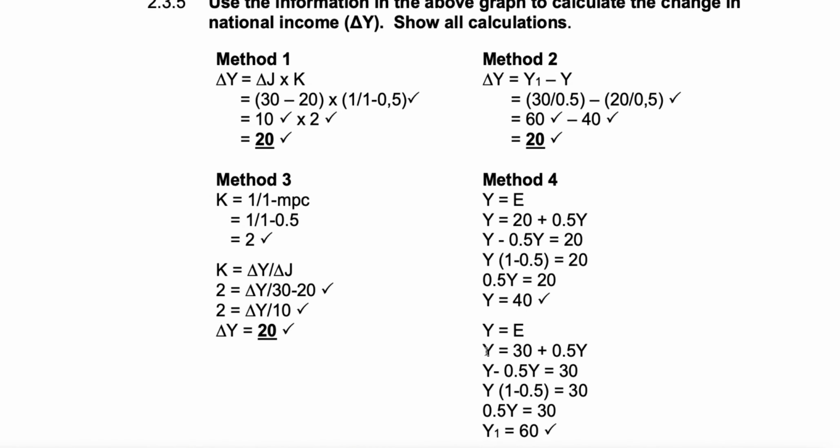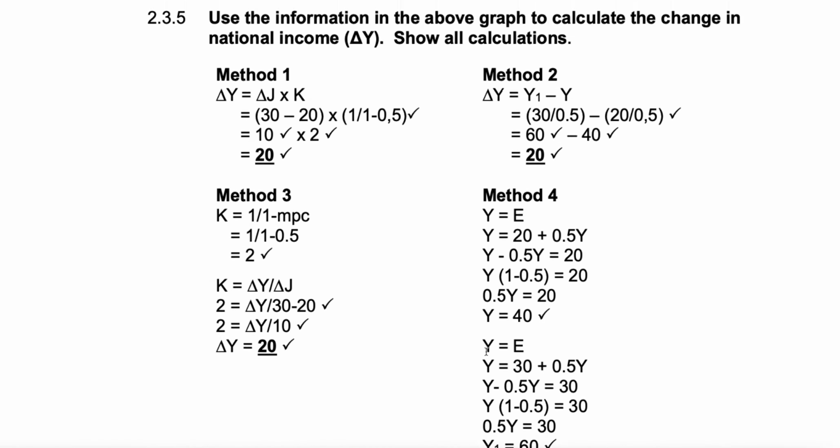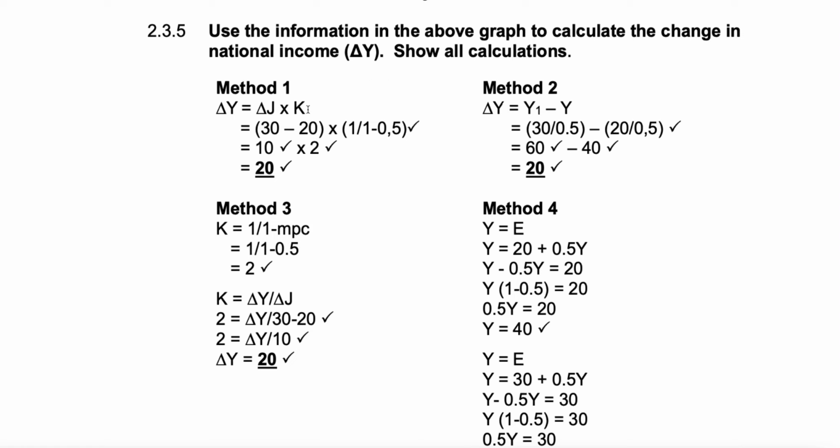Then the one for calculating, here they show a million formulas, a million ways. I used this one here. Change in income is equal to change in injection times K. So then we have to find our K. So here we are using K is equal to 1 over 1 minus MPC. This is our MPC, 0.5. So then K is equal to 1 over 0.5.